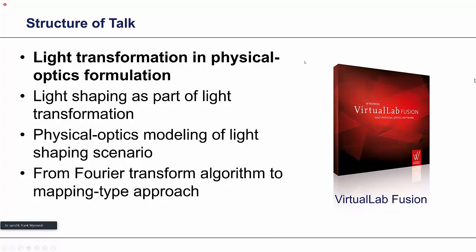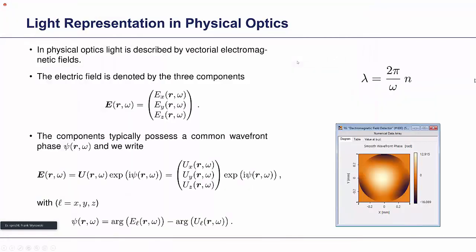Okay, let's start. When we talk about physical optics, let's start by saying what is the object we are dealing with in physical optics. And that's a light representation. In physical optics, we describe light, of course, by the electric field; the magnetic field we also have, of course, but in optics we typically don't talk about it too much.